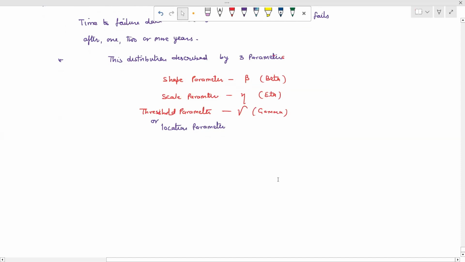Now, we already wrote that this distribution is a continuous probability distribution. Now we write down the probability density function of this distribution. Let x be a continuous random variable.